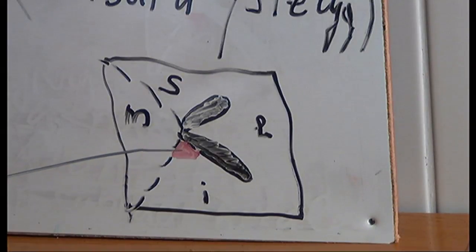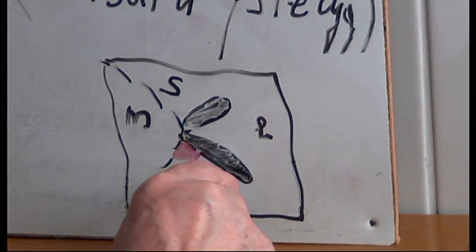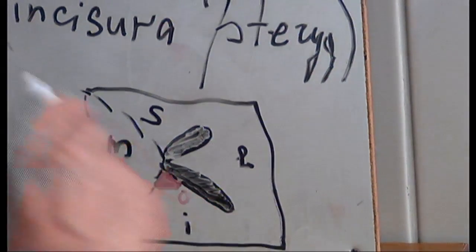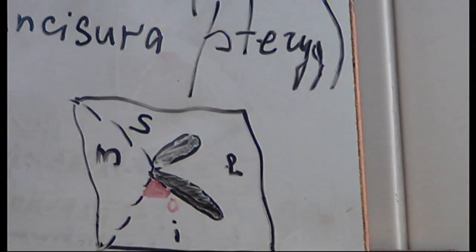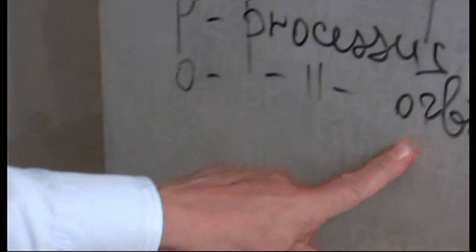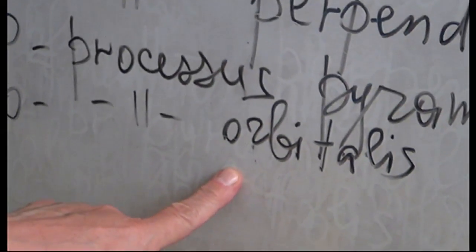So this is O. I shall designate it as O. What does it mean? O, processus orbitalis.